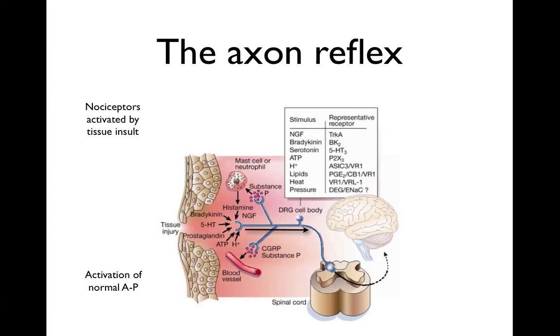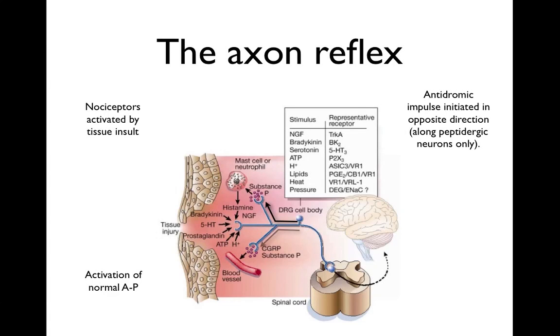Now what we also see is we get an antidromic impulse that goes in the opposite direction. So antidromic just means the opposite to orthodromic, so they're going down the wrong way or backwards, and it goes back down towards the terminals, leading to release of neuropeptides at the periphery. So hopefully at this point you're remembering the different types of C-fibres.